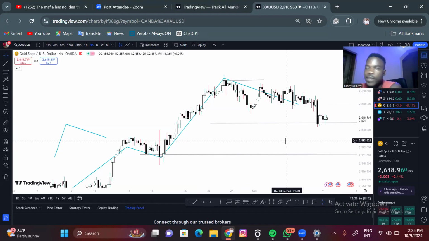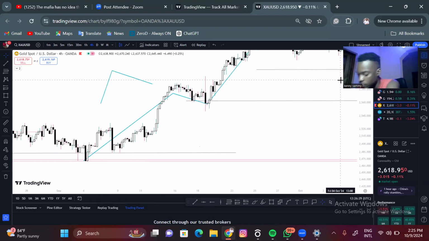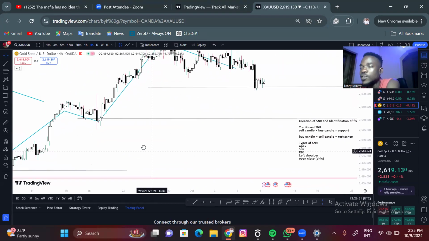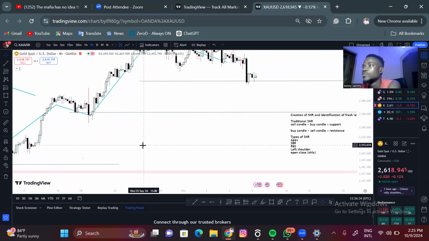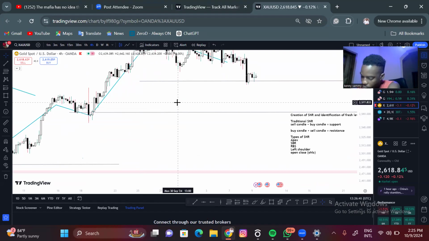Yes, I understand, but I need more examples, just the definition for left shoulder. Left shoulder is when you have, how do I define it in a very simple way? To simply put it, in either supply or demand zone, either your supply or resistance zone, when the market price gets broken twice, the initial position is maintained.